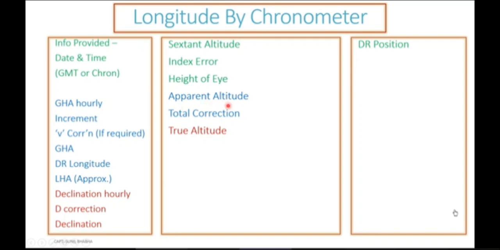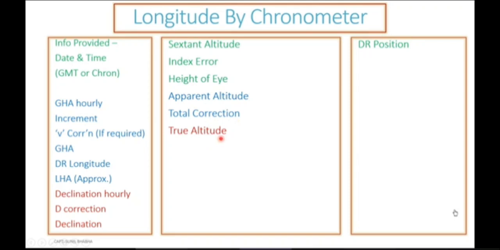With the apparent altitude, we can now enter the almanac and obtain the total correction for the body. We are familiar with the total correction tables for sun, stars and planets as well as moon. So we apply the total correction to the apparent altitude, and once applied, it gives us the true altitude of the body.